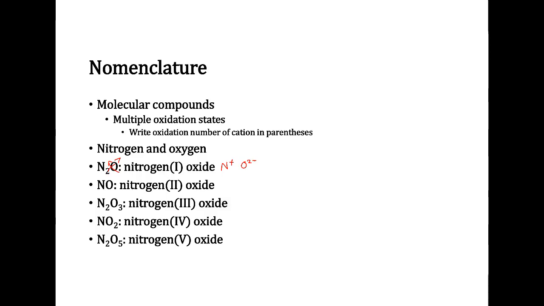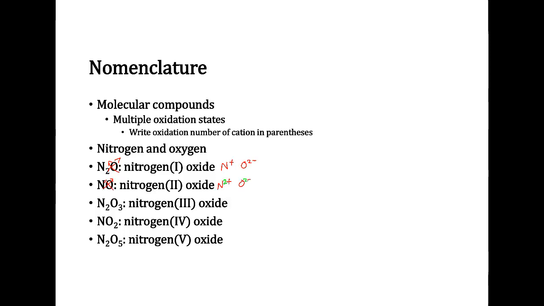Okay, so for the next one, NO. Nitrogen(2) oxide, if we were working backwards, we'd have N+ and O-. But just like that last example with manganese oxide, we'd recognize that we need to multiply this by 2. So it's going to be nitrogen(2).